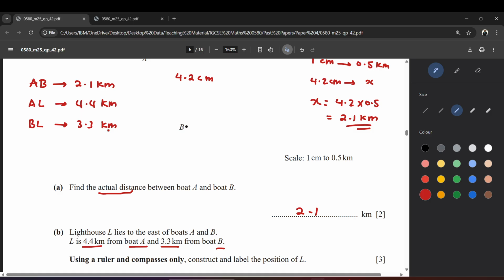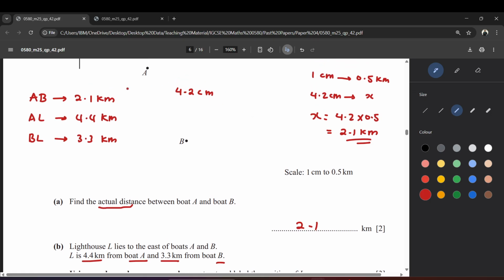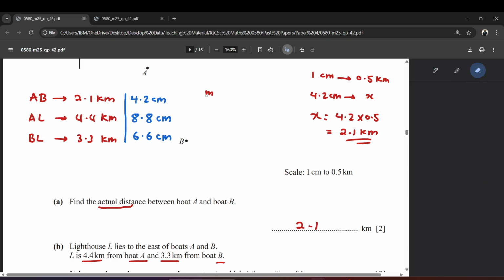Now, if I want to mark the position over here, I have to convert them into centimeters first. This one is 4.2 centimeters, double of this. This one should be 8.8 centimeters, and this one should be 6.6 centimeters. Because I'm marking over here, I have to convert them back into centimeters using the same scale.